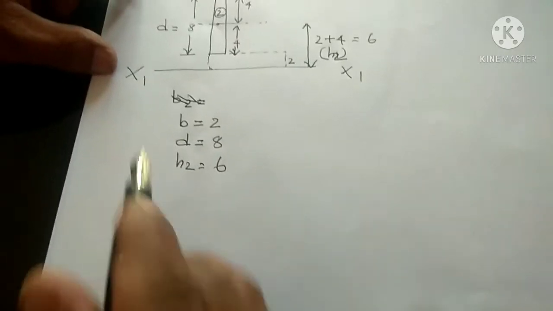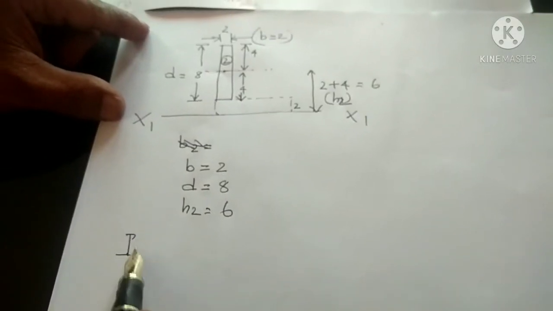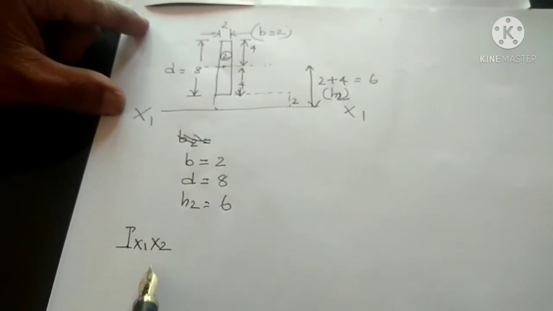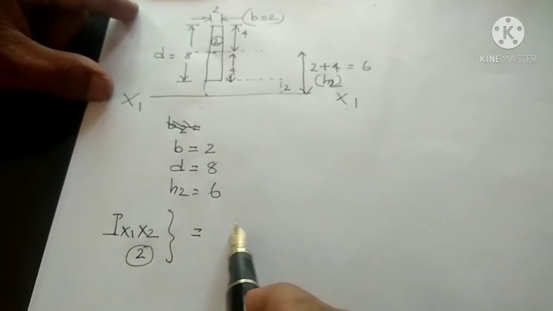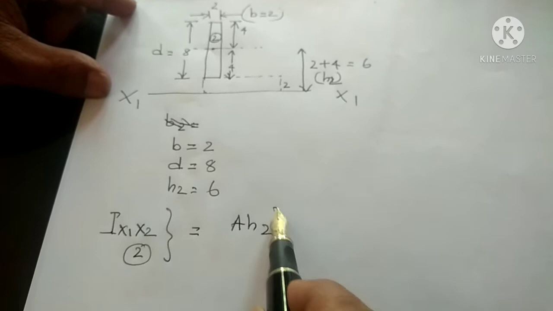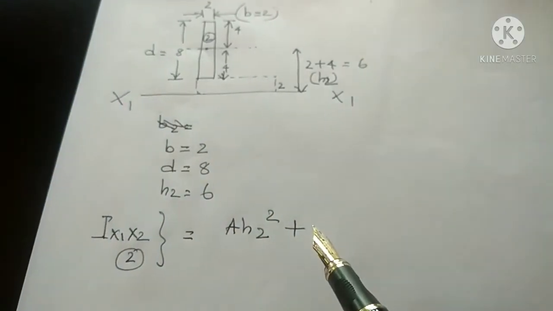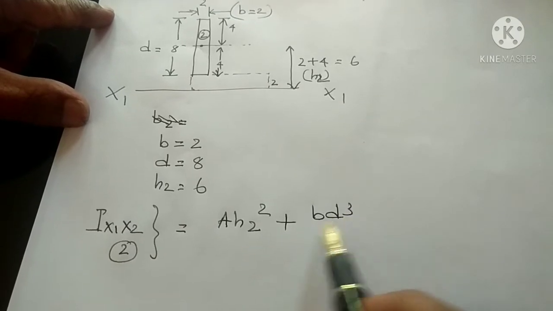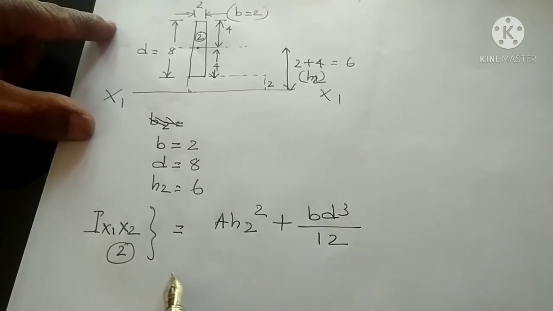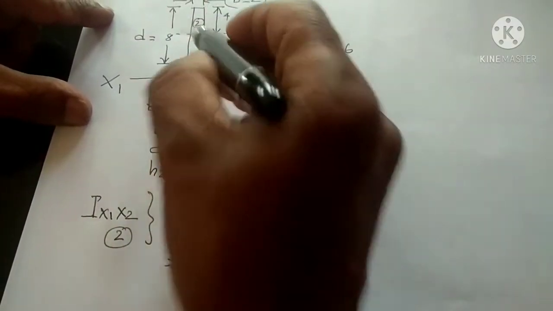Then as per the parallel axis theorem, I x1 for the second component is equal to A H2 square plus BD cube by 12. What about the area?